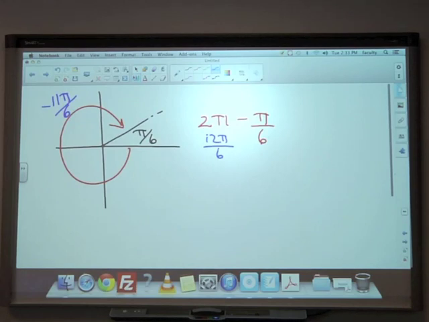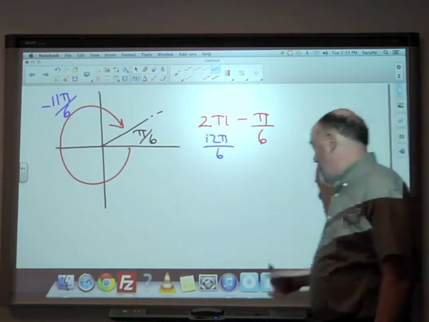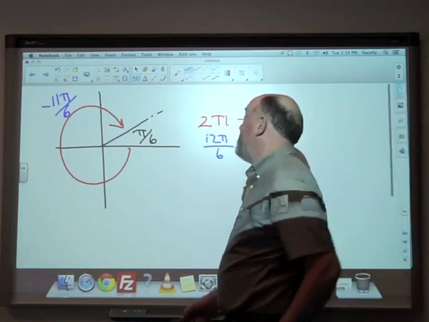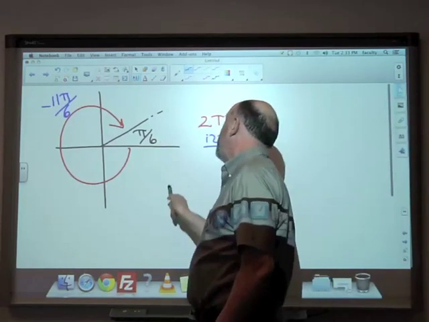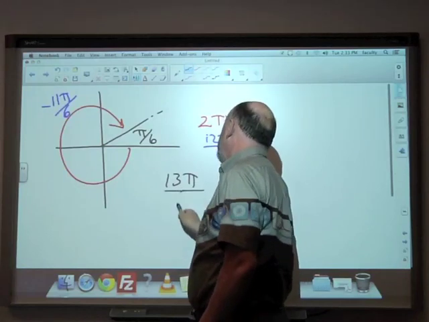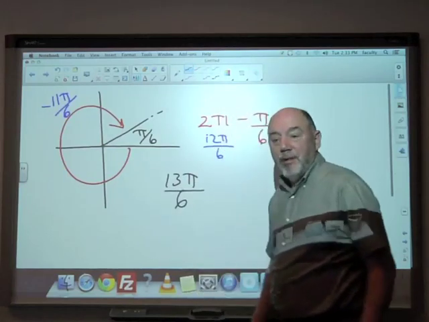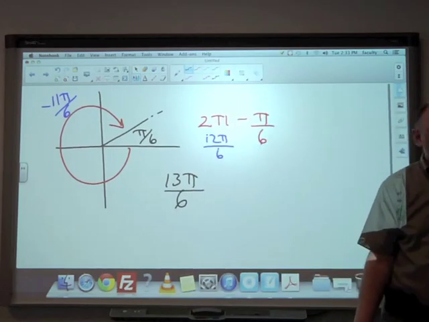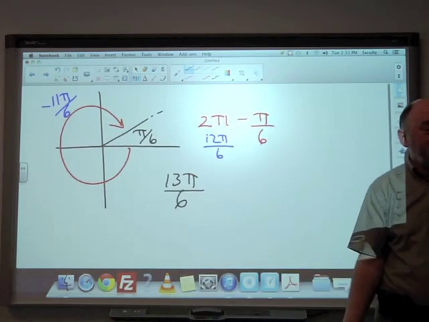All right. So in terms of pi over 6 then, the first one is pi over 6. In terms of positive measurements, my next one is going to be 13 pi over 6. How'd you get that 12 pi again?